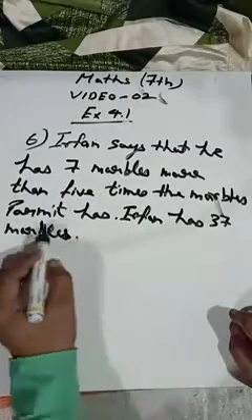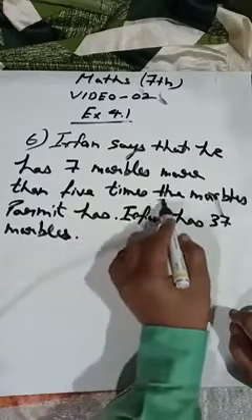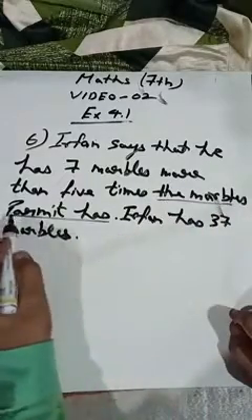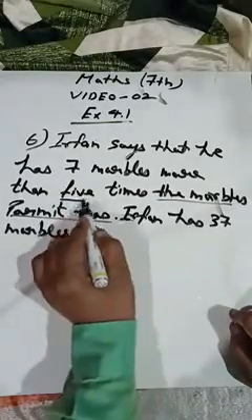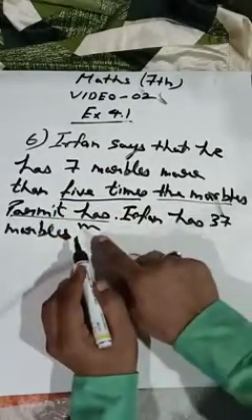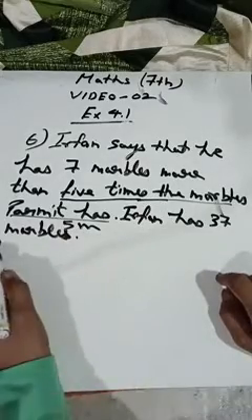Do we know how many marbles Parmeet has? No, so we take it that let Parmeet have m marbles. Now what will be 5 times m? It will be 5m. Now we can solve it like this.